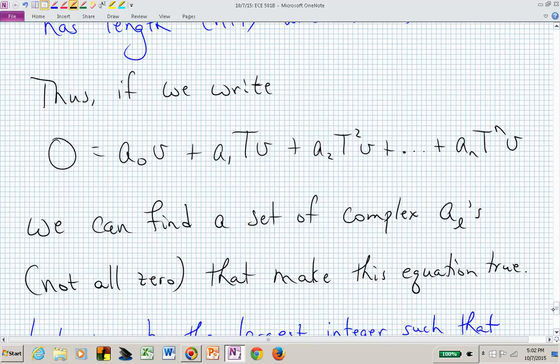If we look at this equation, if a1 through a sub m are 0 and a sub m through a sub n are 0, the only term you have on the right-hand side is a sub 0 v. But that's supposed to equal 0, and v is non-zero, so a sub 0 would have to be 0 if a1 through a sub m were 0. Is that making sense?